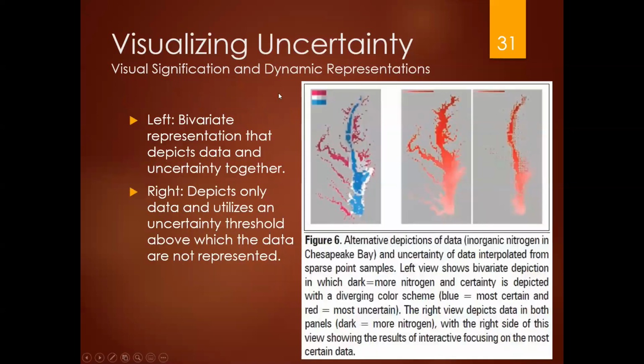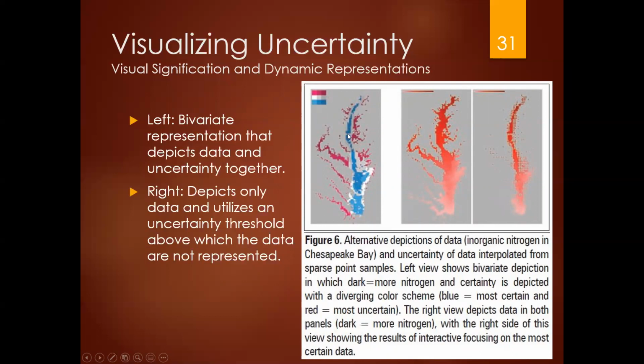Here is an example. We have three figures here. The left one is case one. The right two figures are case two. In case one, a bivariate representation depicts data and uncertainty together. This is a map showing the nitrogen concentration of a river. The saturation in this map is for the concentration of nitrogen, and the different hues are for uncertainty.